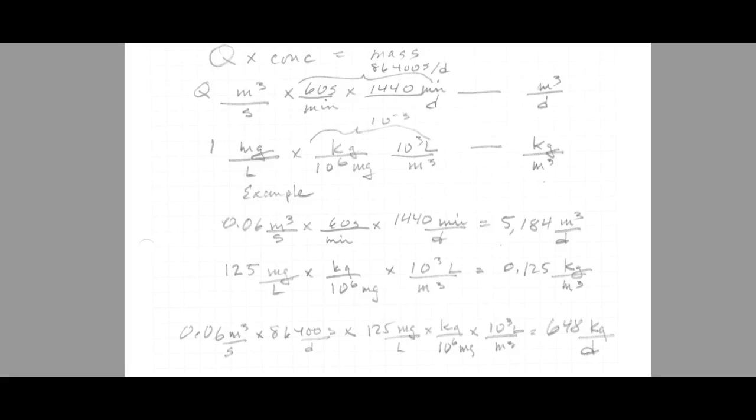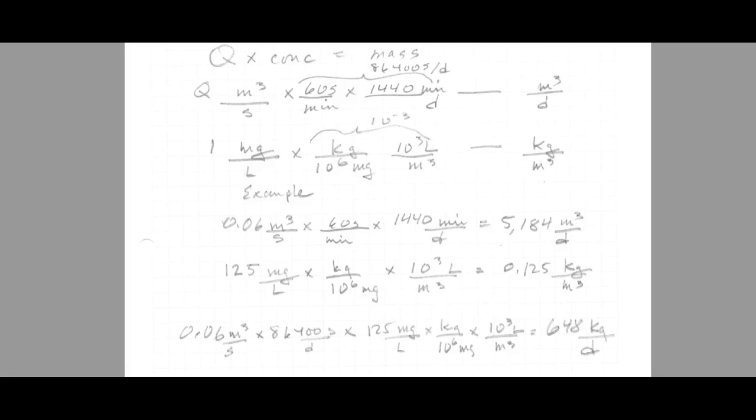So for example, if you have 0.06 cubic meters per second, you run through here, and that is 5184 cubic meters per day. If you have 125 milligrams per liter, that is a concentration of 0.125 kilograms per cubic meter.